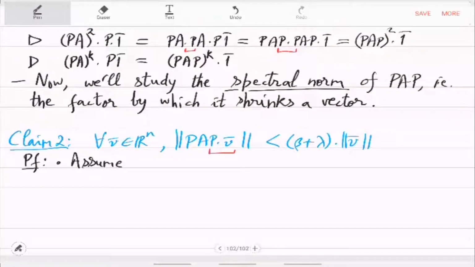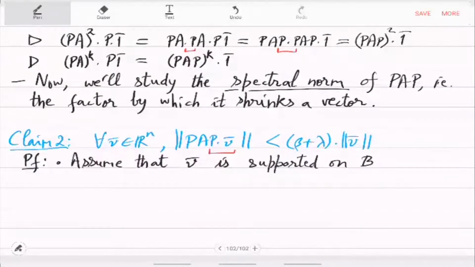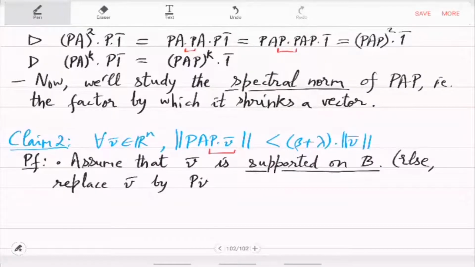Assume that V bar is supported on B, which means that other coordinates in V bar are 0. If not, then you just replace V bar by PV bar in the inequality.